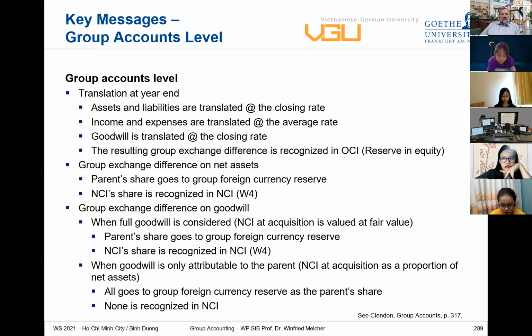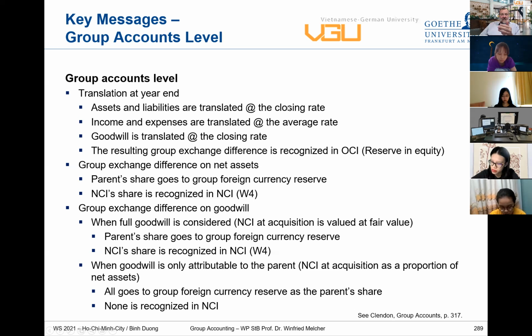What are my key messages on foreign exchange when it comes to the group level? Well, the translations at year end will affect assets and liabilities because they are translated at the closing rate.